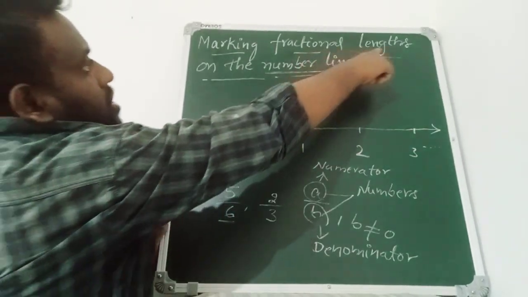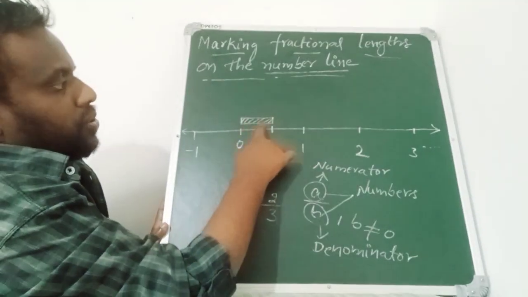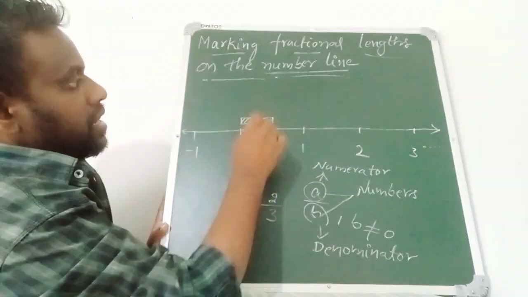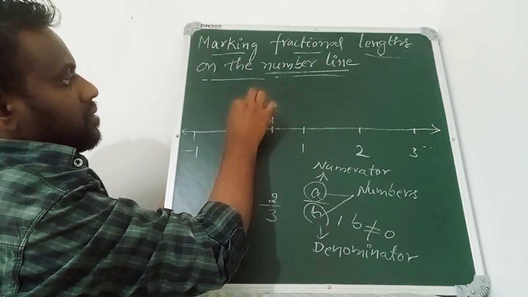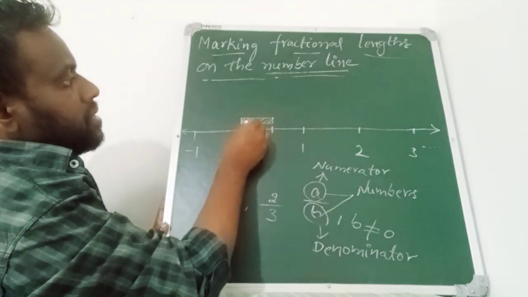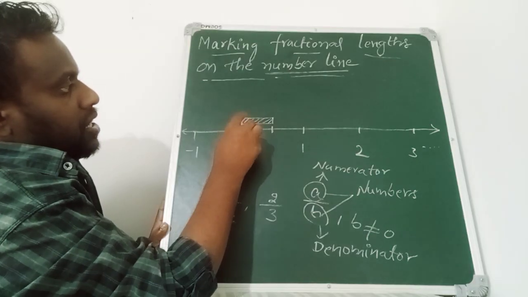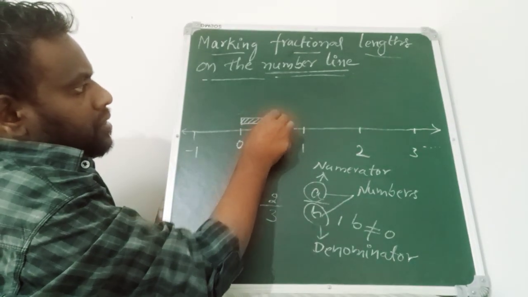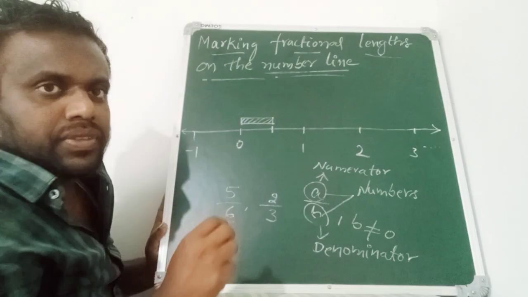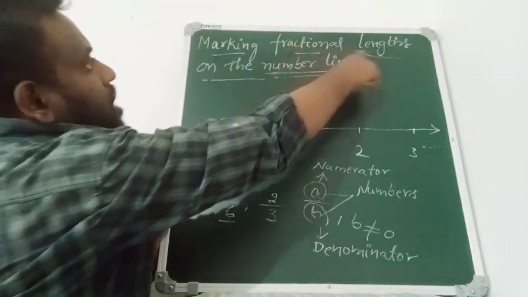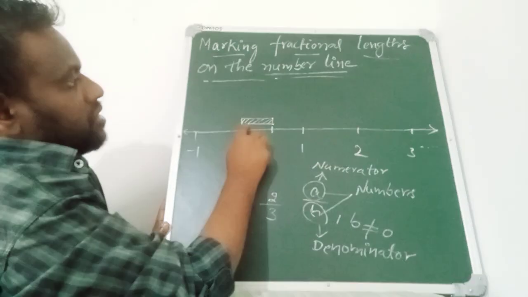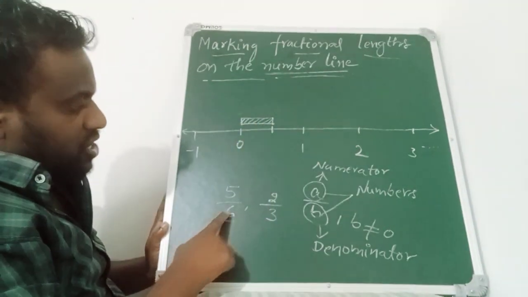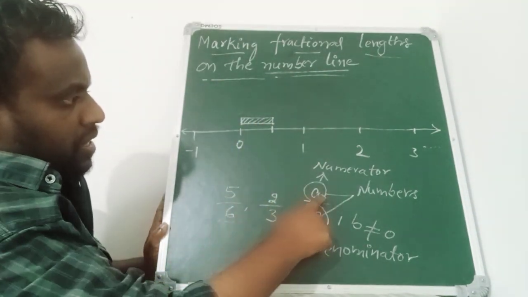Now fractional length means this box is there, no? This box, its length, I mean from here to here. Length means starting from here till here. So this is the length. So that is fractional length. If you measure this length, that will be in the form of a fraction, a/b form.